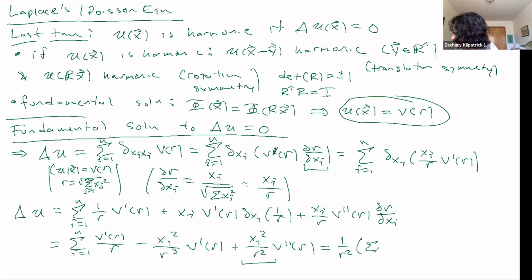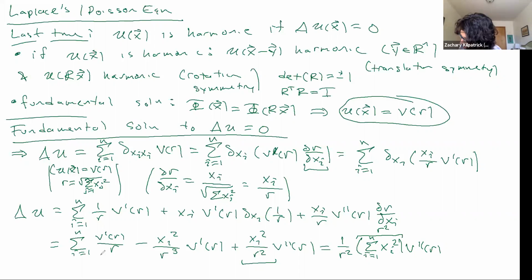And then I just have the sum from i equals 1 up to n of xi squared times v prime prime of r. So just a bit of rearrangement. I just pulled these two terms out of the sum, but notice that this is going to be r squared here, so those will cancel out. So I get a simplification from that.